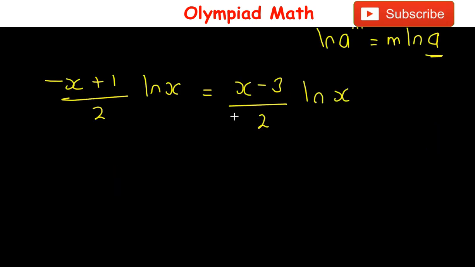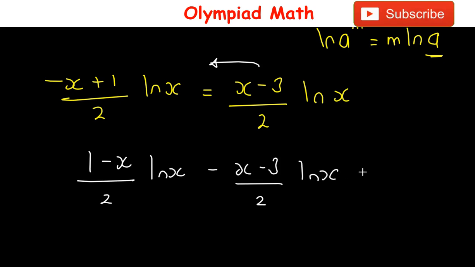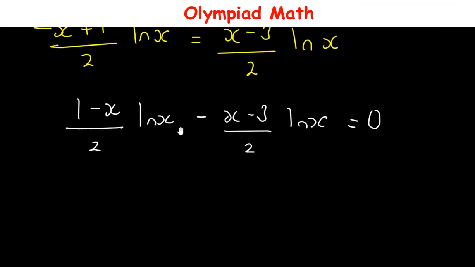With this, we are going to move this over to the left hand side. So we have minus x plus 1 can be written as 1 minus x over 2 times ln x, then minus x minus 3 over 2 times ln x, and this equals 0. Right here, we have a common factor, which is ln x.